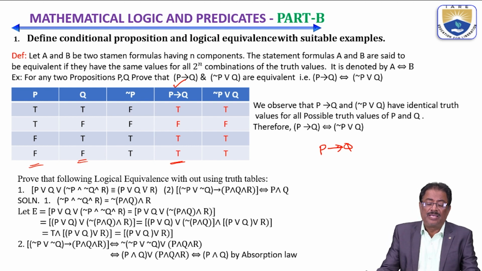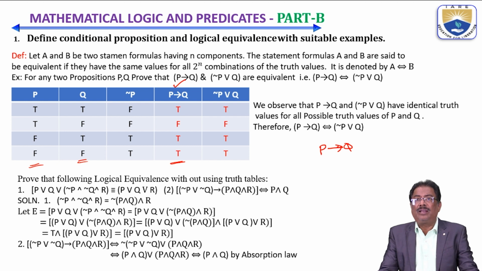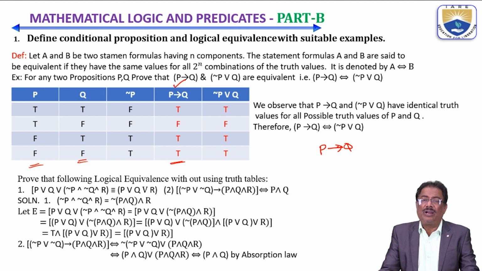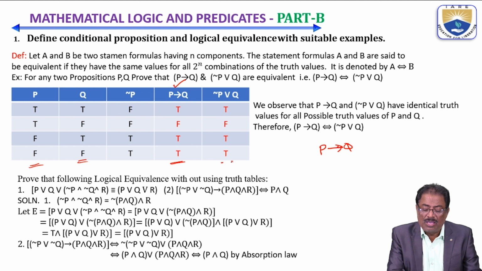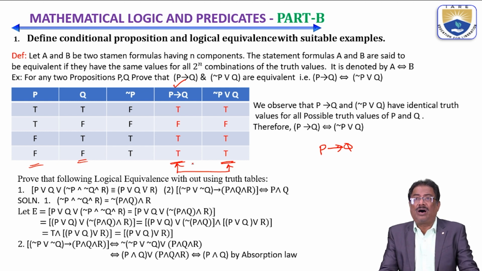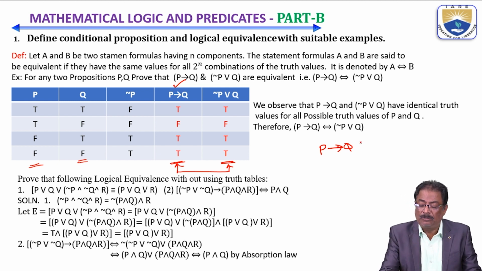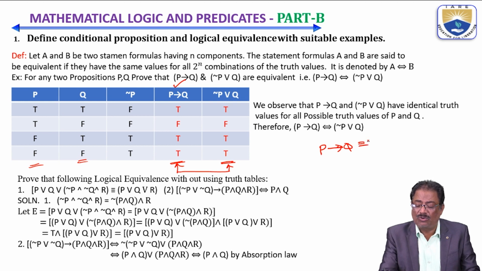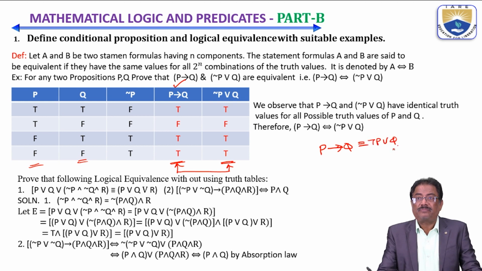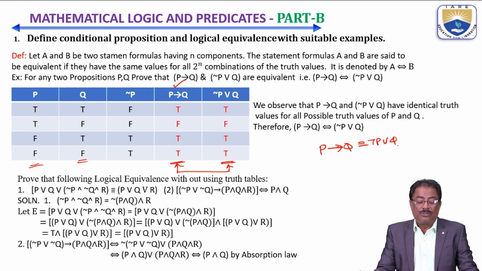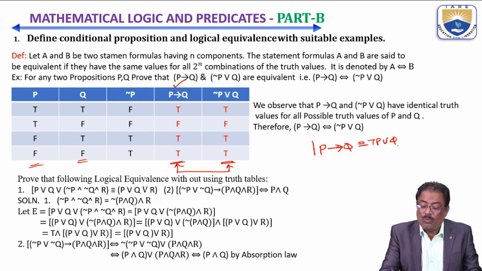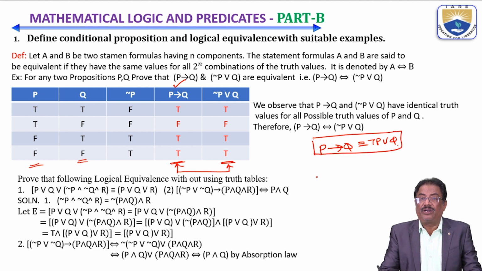So suppose here if P then Q is one compound conditional proposition, and the equivalent form, let us say, negation P or Q. If you find that both are identical, then we can say these two are equivalent to each other. So if P then Q is equivalent to negation P or Q.